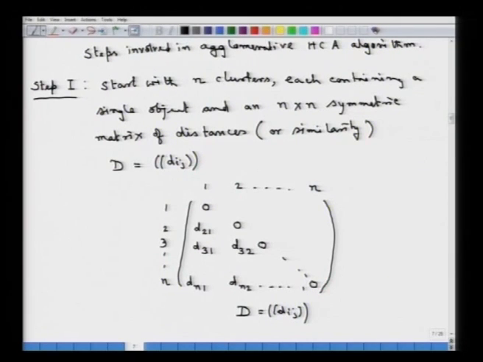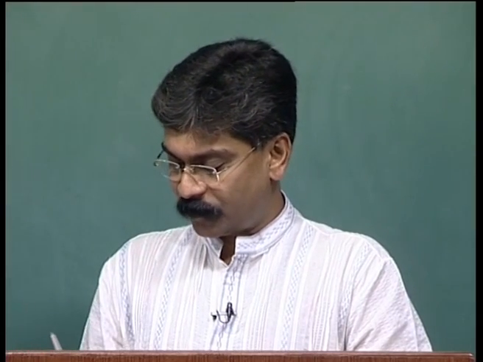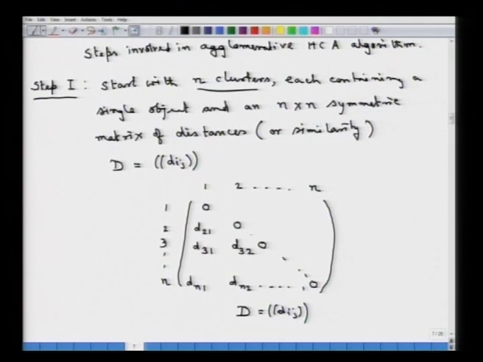So, we start with these n clusters, each containing a single object, and then a distance matrix that we are going to compute from the multi-dimensional data. Once we have the distance matrix, we move on to the second step of this agglomerative hierarchical clustering method. From this distance matrix, we will look at which two of these n objects are closest to one another.